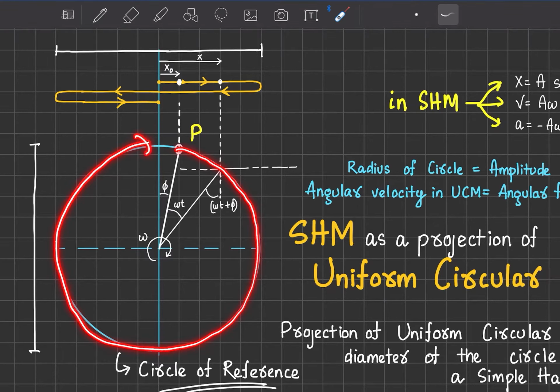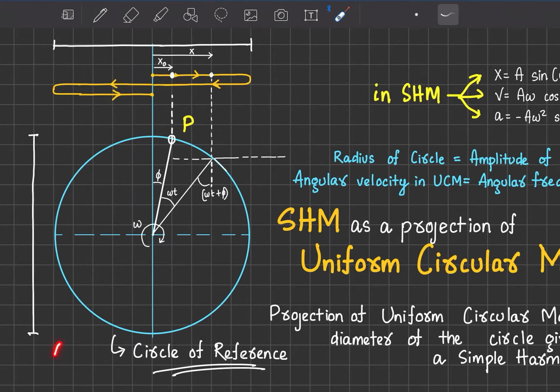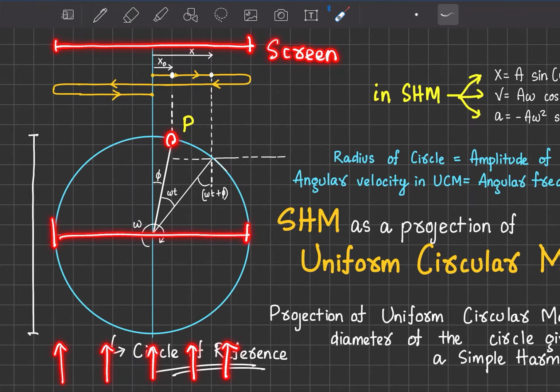Now the projection: let's say light rays are coming like this, and we are observing the shadow of the point P over a screen right here. This screen exactly matches the diameter of the circle.